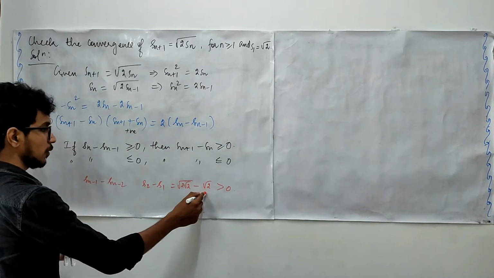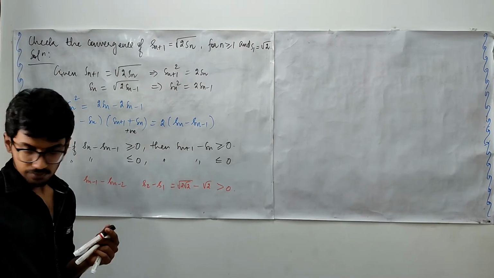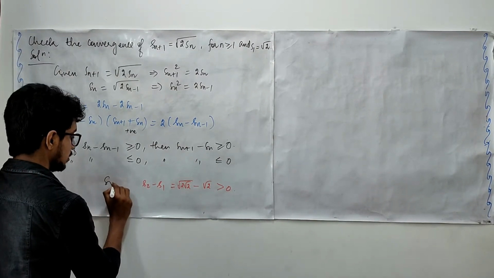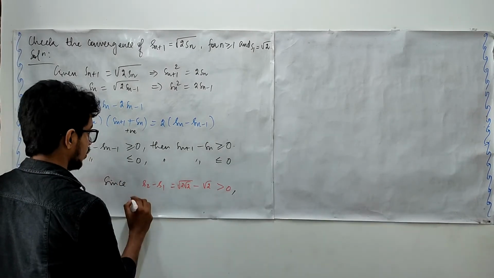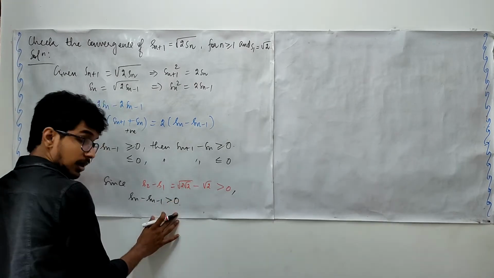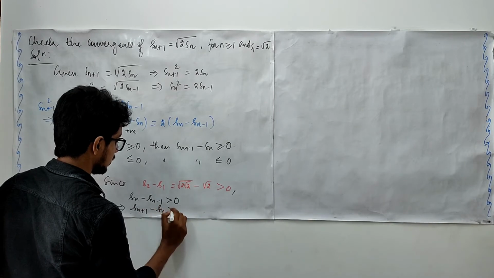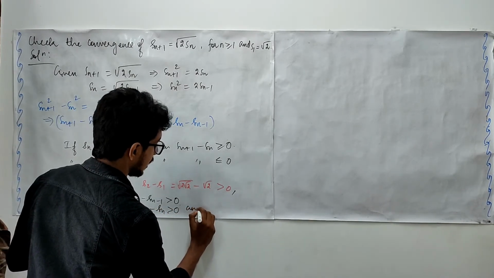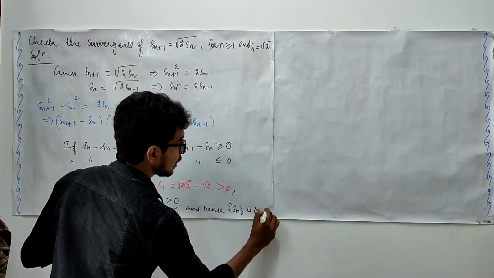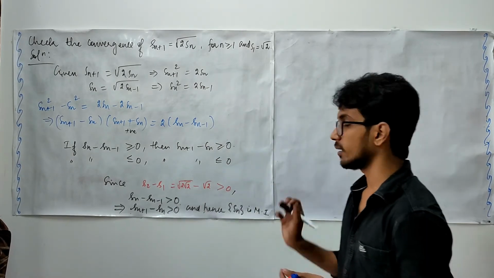So this is positive, and this is going to tell you that, okay, when we write it in a formal way, since this is true, our Sn minus 1 is a positive quantity, which implies Sn plus 1 minus Sn is a positive quantity, and hence Sn is a monotonically increasing sequence. We have the monotonically increasing one.